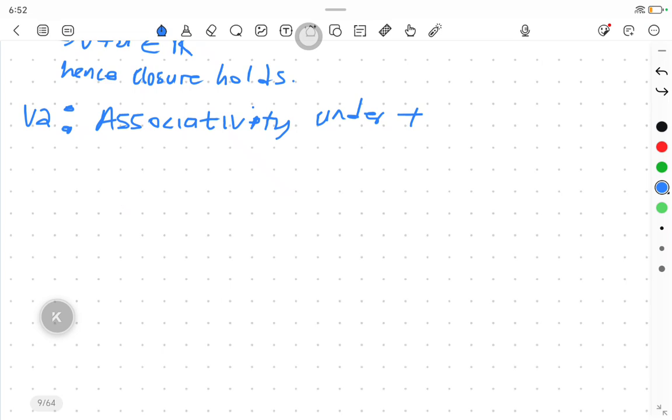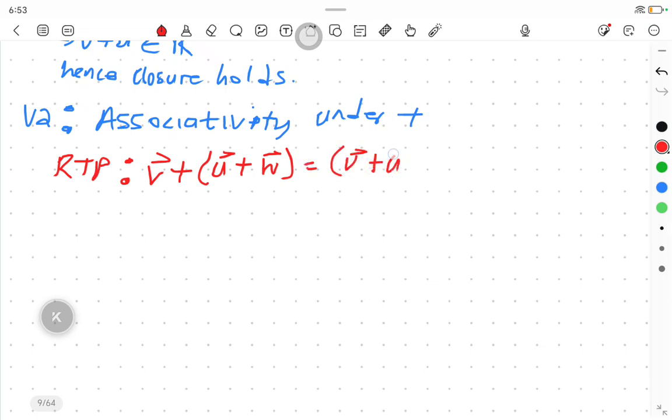Now for associativity, you know that I'll need U. So what we are required to prove, or you can just write here, required to prove. What is it that you're required to prove? That if I have (V plus U) plus W, this will always be equal to V plus (U plus W).